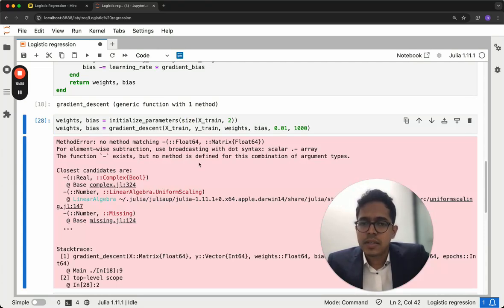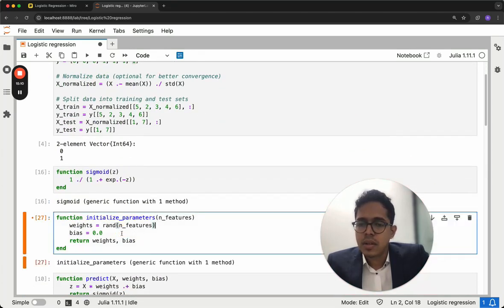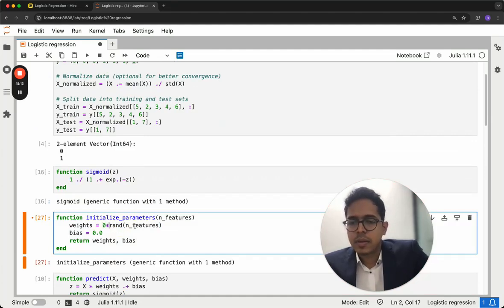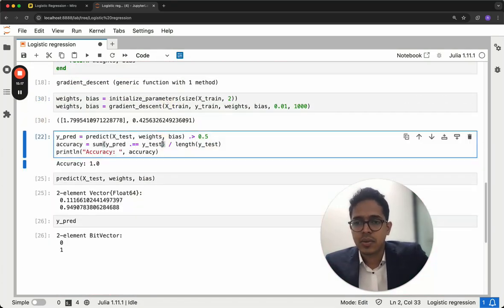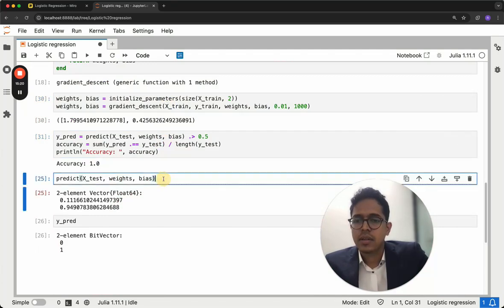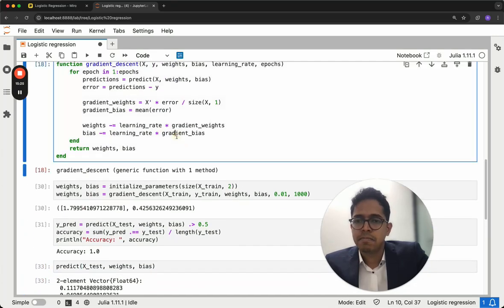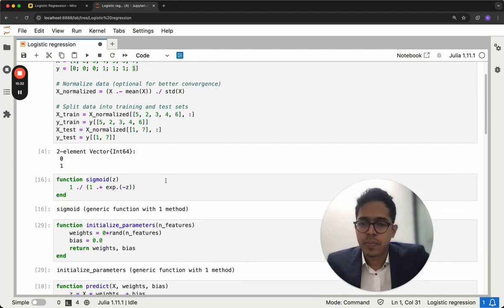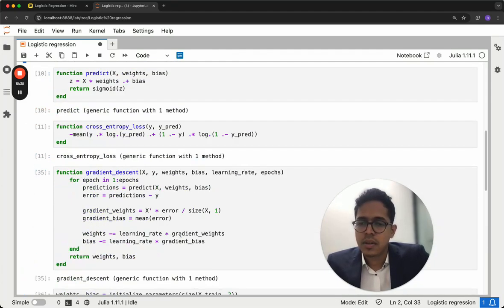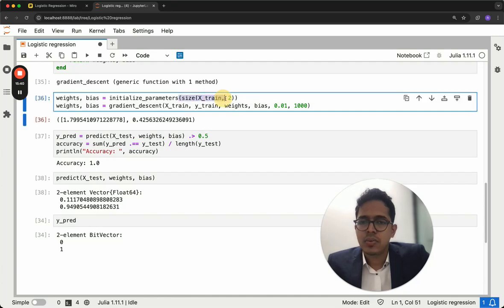Element by element subtraction. Okay, so probably what we have to do is zero times. Maybe this will hopefully not bring any dimensionality issues. Okay, accuracy, prediction. I just want to print this initialized parameter, size of x prime comma 2.